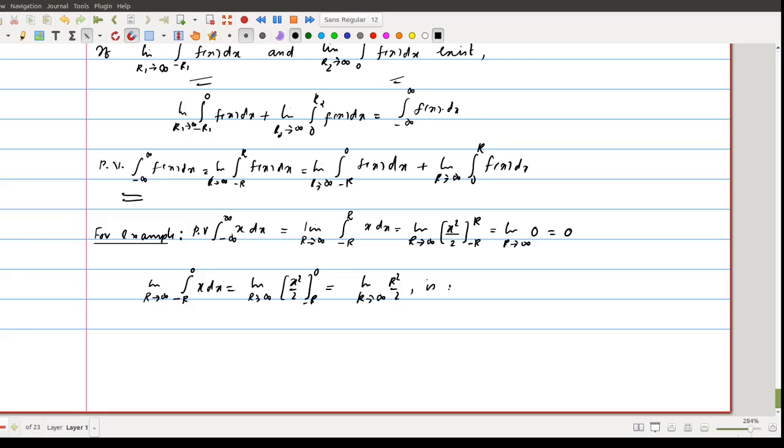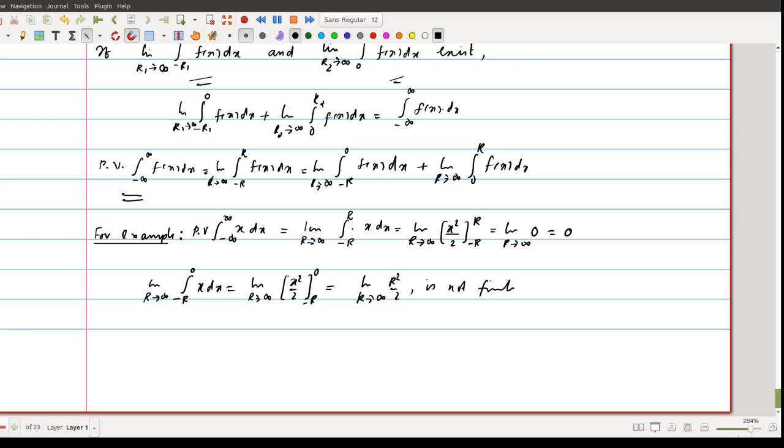Similarly, you can try to evaluate the other limit as well. The limit as r tends to infinity of the integral from 0 to r of x dx gives the same answer, not a finite quantity. So even though those two limits are not finite, the principal value exists.